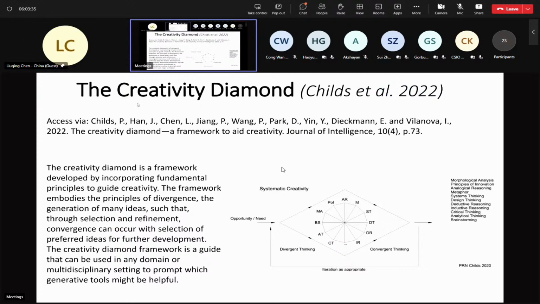Recently, we proposed a framework called Creativity Diamond. It incorporates fundamental principles to guide creativity, and then selects and refines ideas towards a convergence. This Creativity Diamond framework can be used in any domain to prompt the choice of an appropriate creativity method.